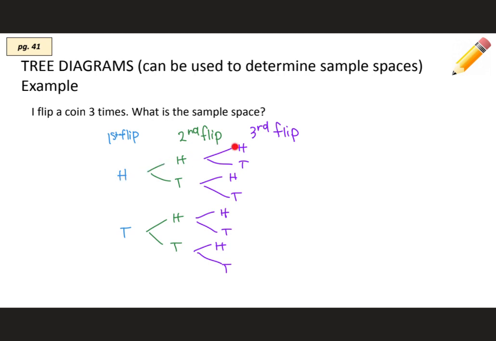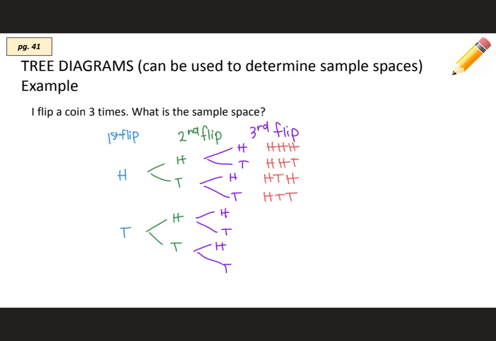Going along the top, the first outcome might be heads, heads, heads. The second one, we go heads, heads, tails. Third outcome, heads, tails, heads. I'm just traveling along the tree. The next one is heads, tails, tails.